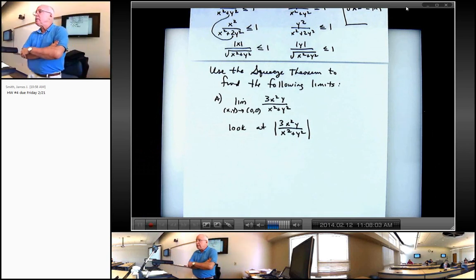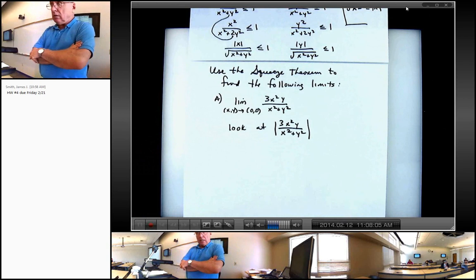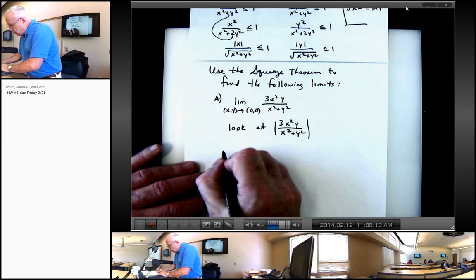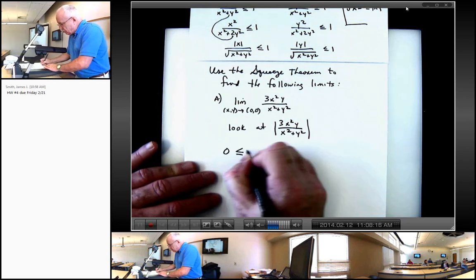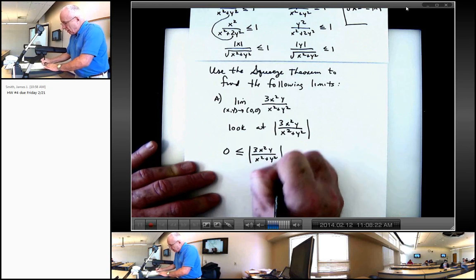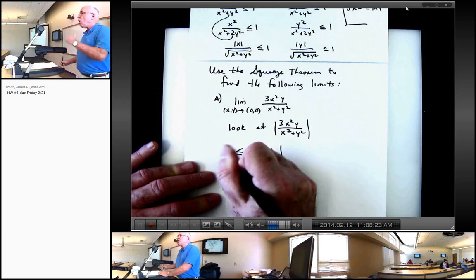What's the absolute value of anything always bigger or equal to? 0, exactly. So 0 is less than or equal to this. So this is going to be our low function.